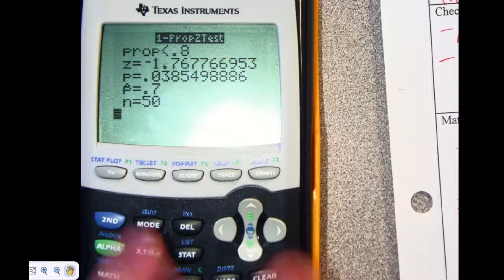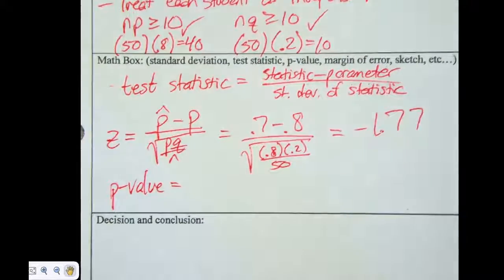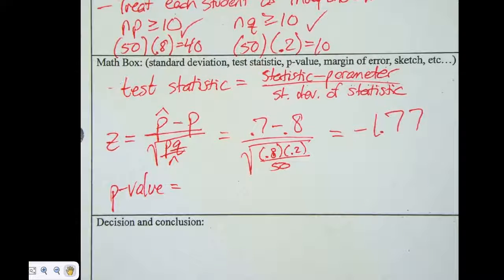P-value, I can't just write it. I have to show how I would get it if the calculator didn't run the test for me. So with means, we did TCDF. Proportions, we're going to do... So normal means Z. Z means normal, normal means Z. So we can't use TCDF, we're going to use... It would be ZCDF, I guess, but that's not what they call it.